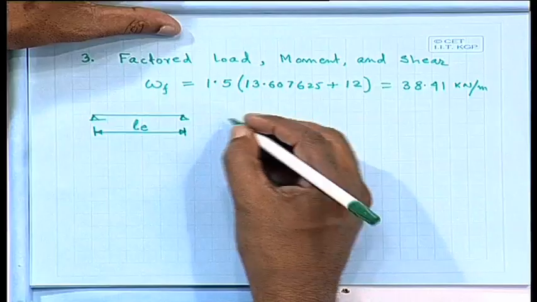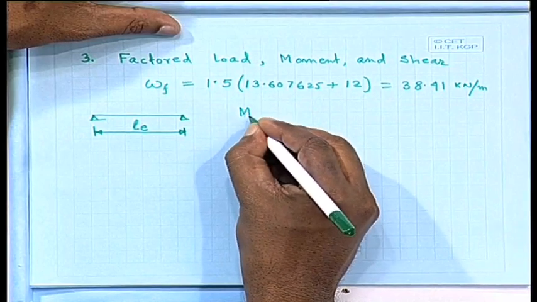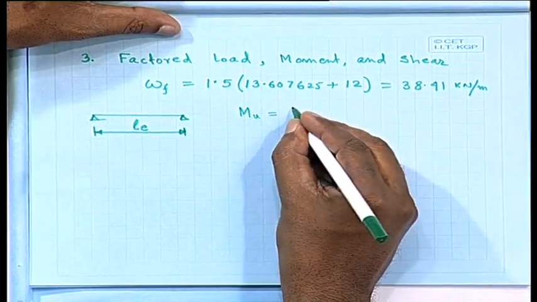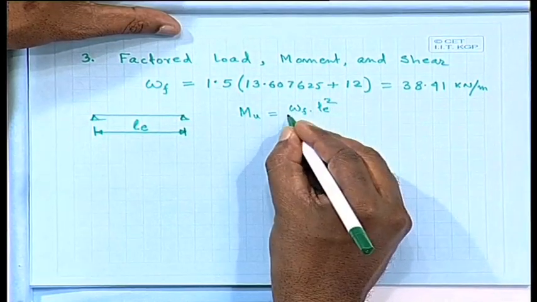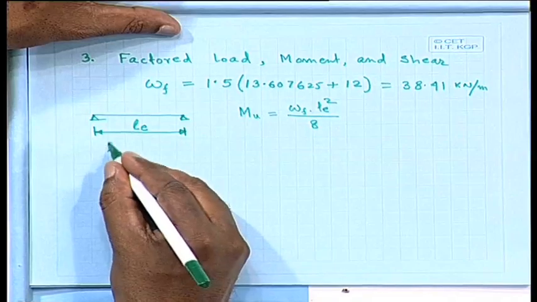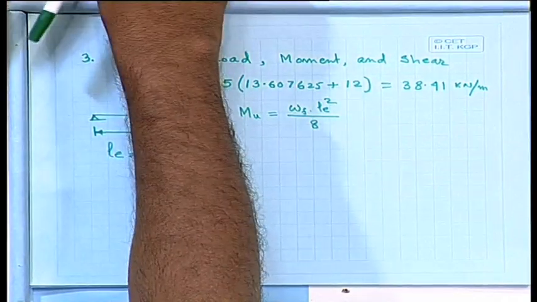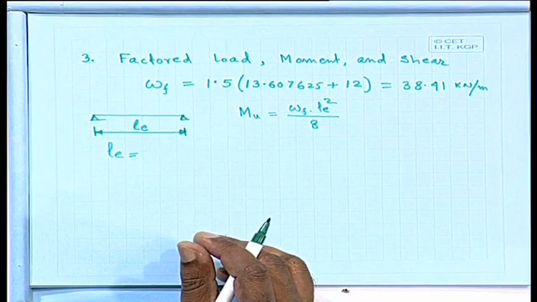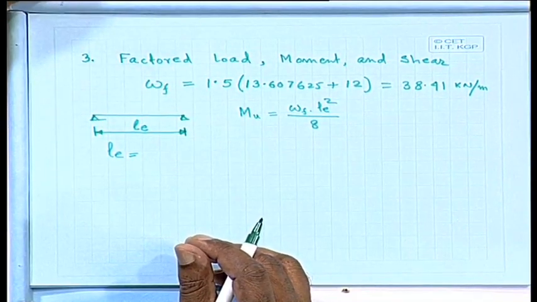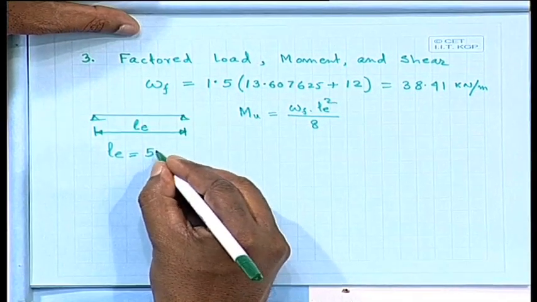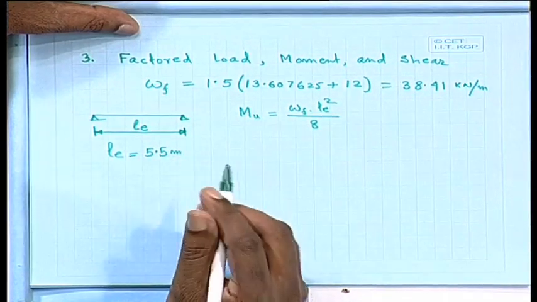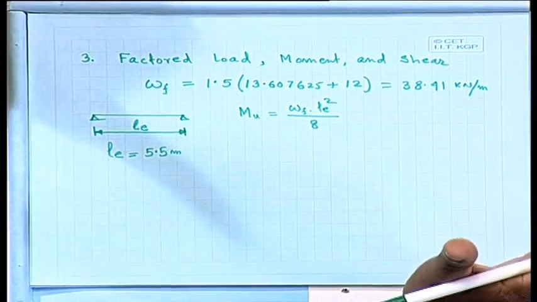So, we shall get the moment Mu equal to Wf times Le square by 8. Le will be equal to the value given here, 5.5 meter, I think we have missed it. That 5.5 meter is the distance center to center between two walls, and that is the effective span we shall take here.